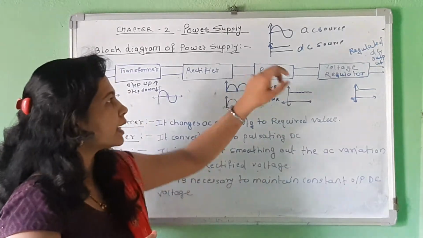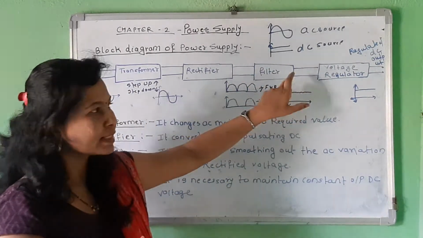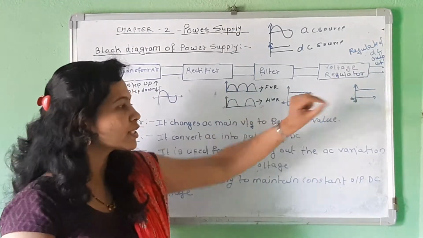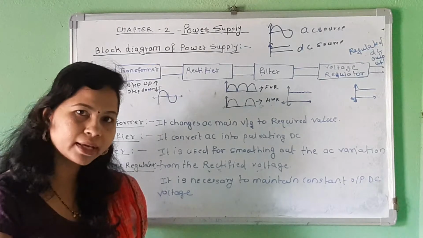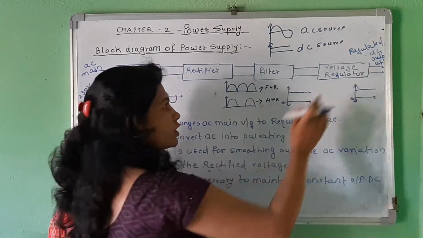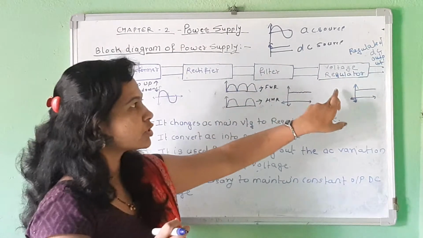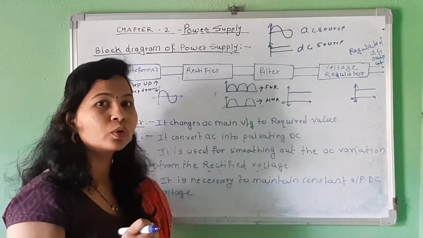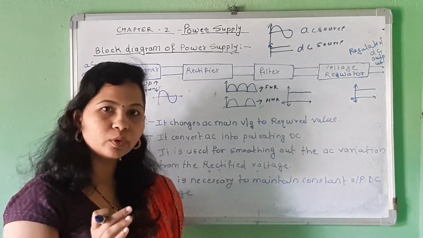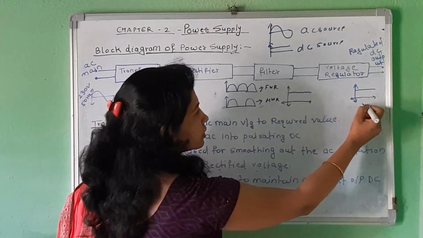After that the output of the filter is given to the voltage regulator. Voltage regulator is used to maintain a constant, regulated DC output voltage, that is this waveform.